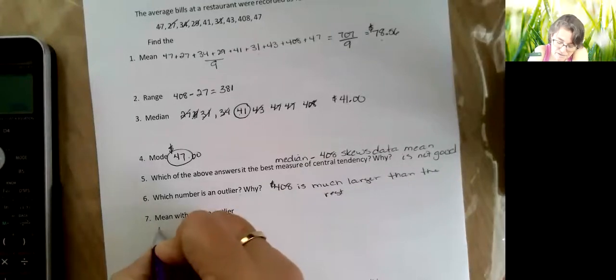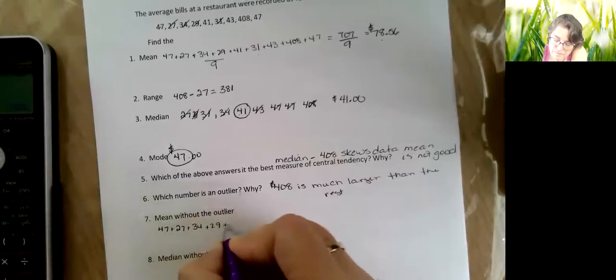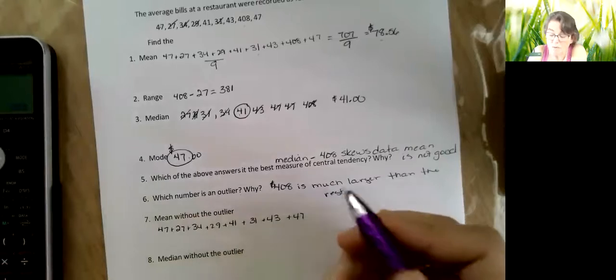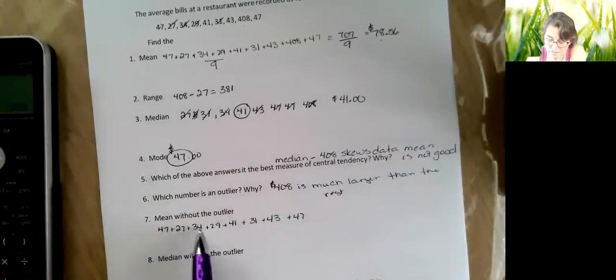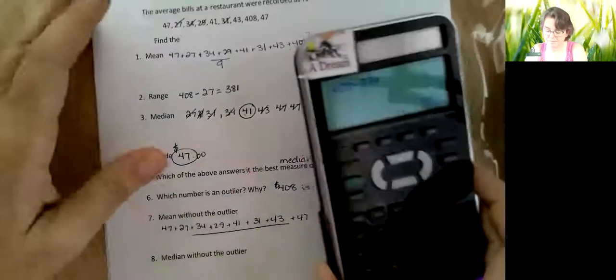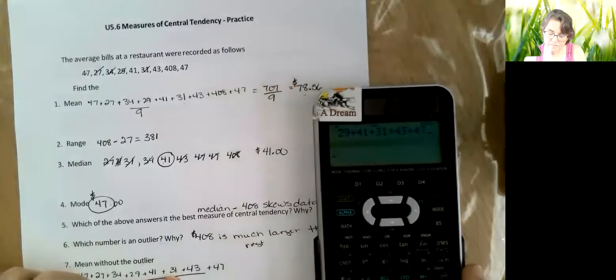In other words, we're going to add up everything, but we're not including the 408. 2, 3, 4, 5, 6, 7, 8. Plus 27. That's $299.